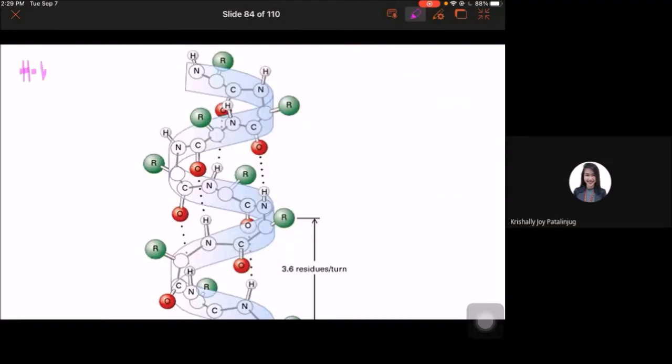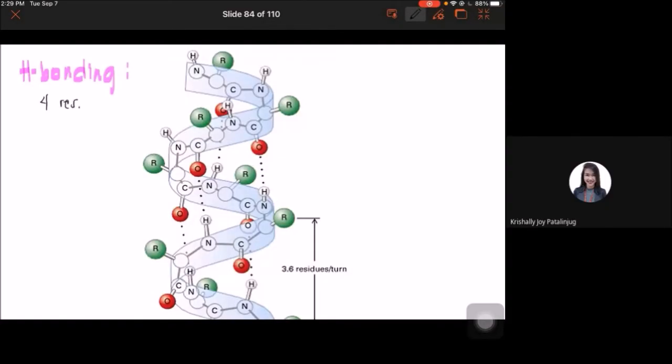I repeat, this figure tells more about hydrogen bonding. So, as mentioned kanina, ilan nga ulit yung residues interval bago mabuo yung hydrogen bonds? Tama, 4 na residues.